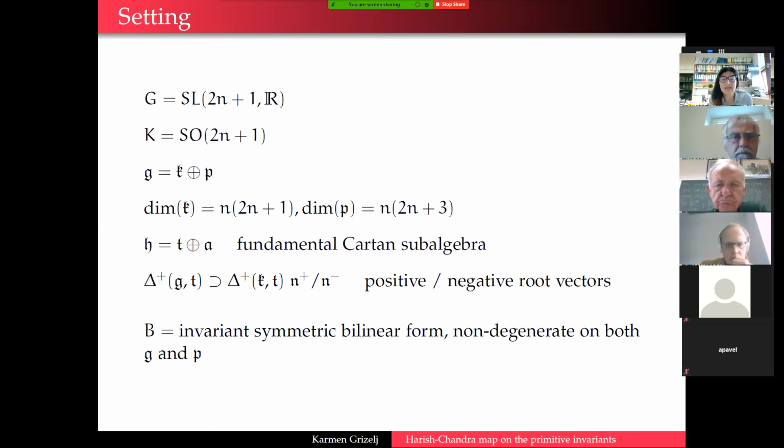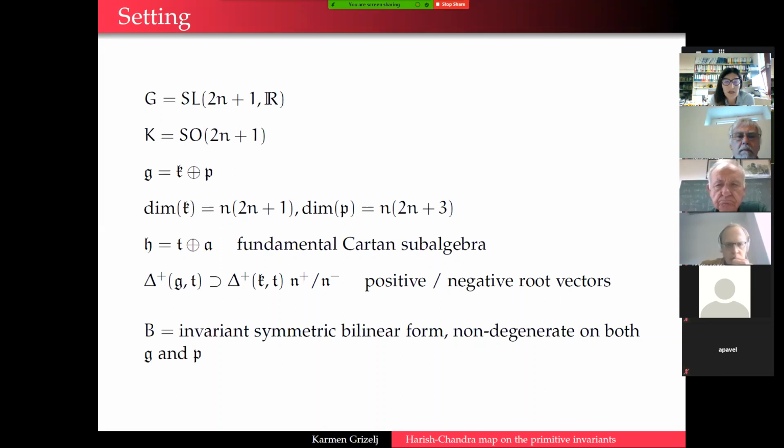So that means that in P, we either have repeated roots from K, or maybe 2 times a root from K or something like that. So it is uniquely determined.